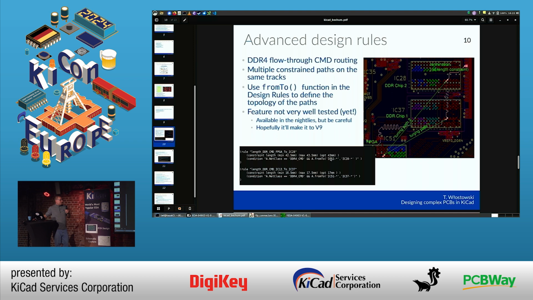We define it as IC51 star, which indicates all pins that match the wildcard, and the target is IC28. This call will basically extract all the paths between these chips that are topologically between the pins of IC51 and IC28. So the whole path from this pin to this pin will be taken into account, whereas the second rule constrains only the path between 51 and 37. So the length tuner will take into account only this part.